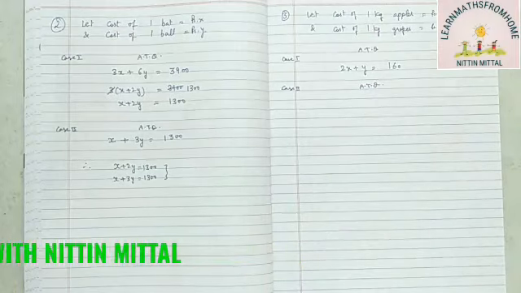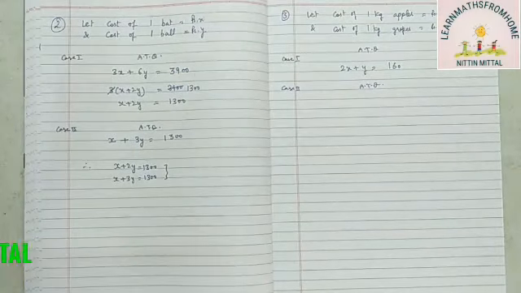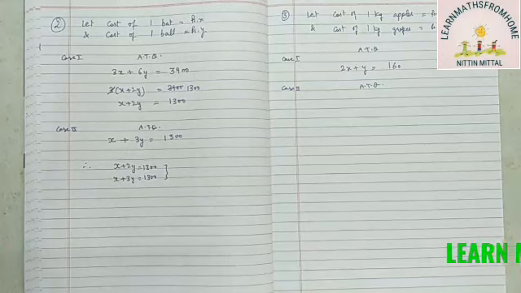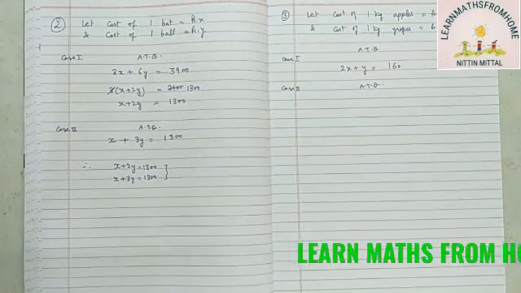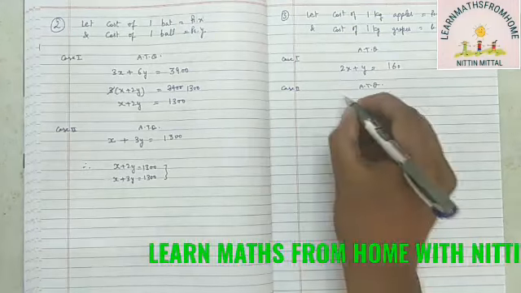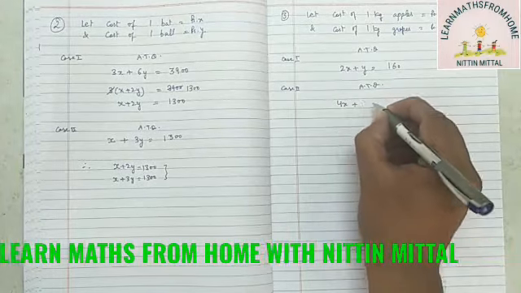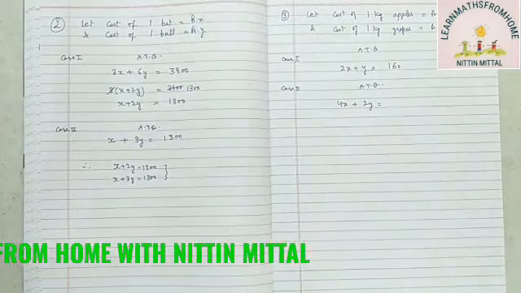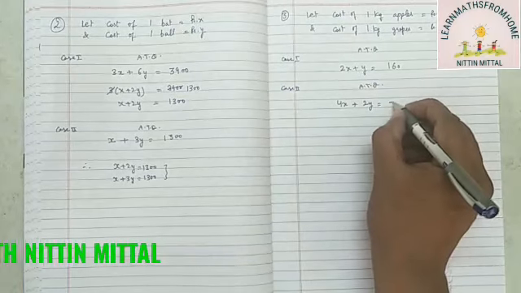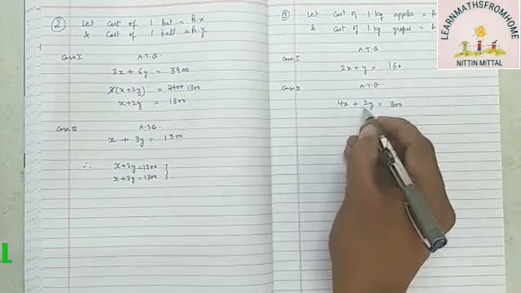Now let me see what is being purchased. They are saying after a month the cost of 4 kg apples and 2 kg grapes is rupees 300. So 4 kg apple means 4x, 2 kg grapes 2y, and cost comes to 300. Now here if you see, we can take 2 common.